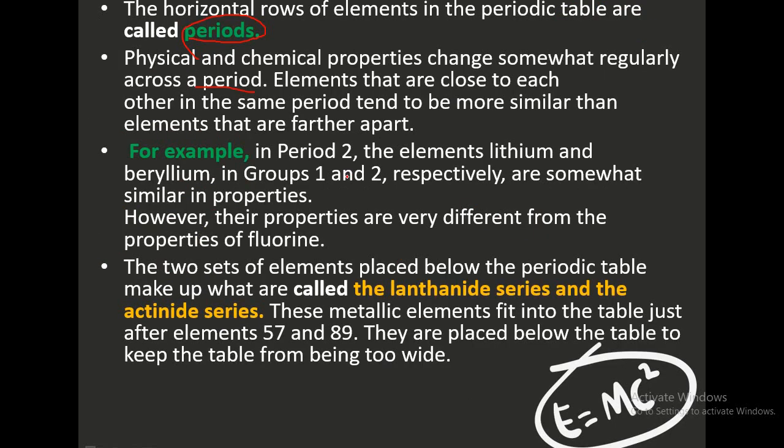For example, in period 2, the elements lithium and beryllium, in group 1 and 2, are somewhat similar in properties.